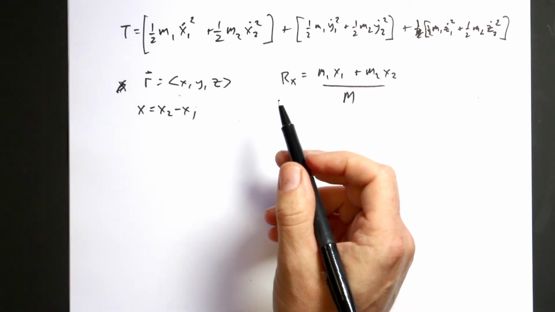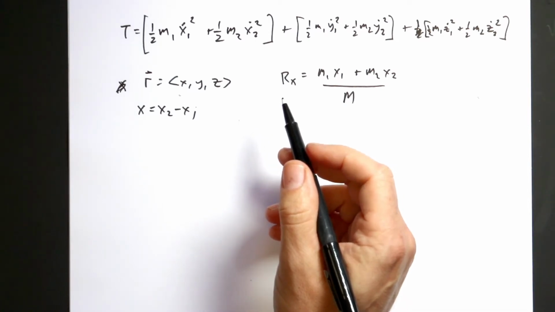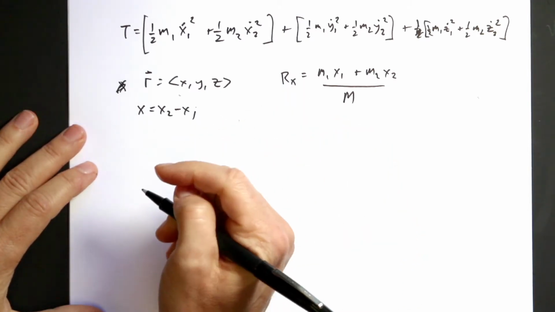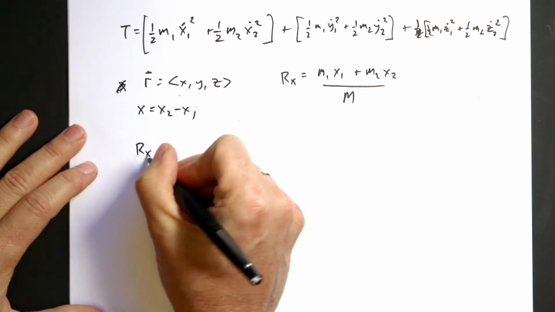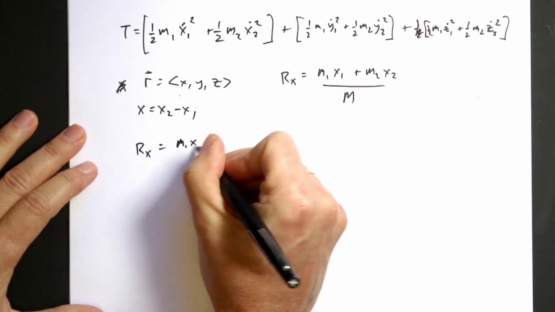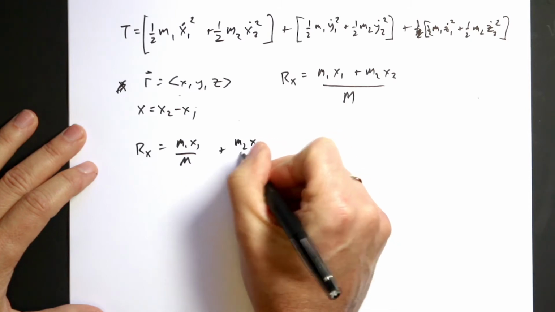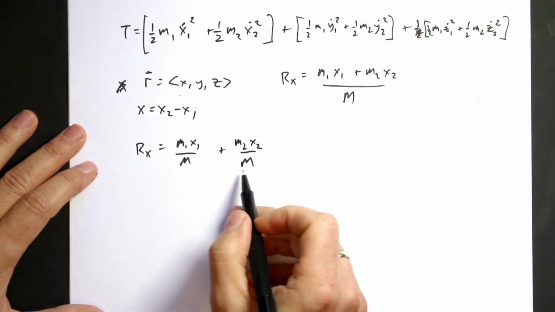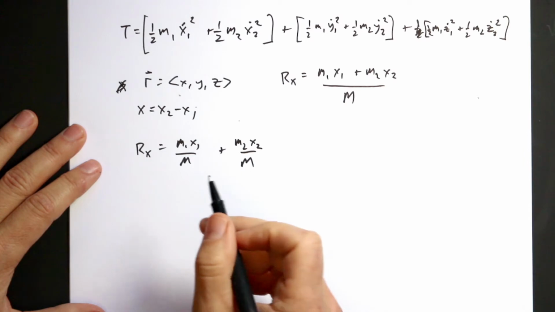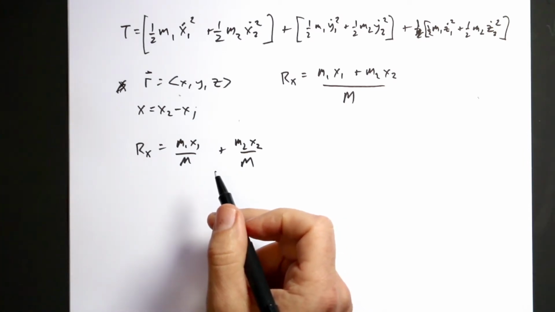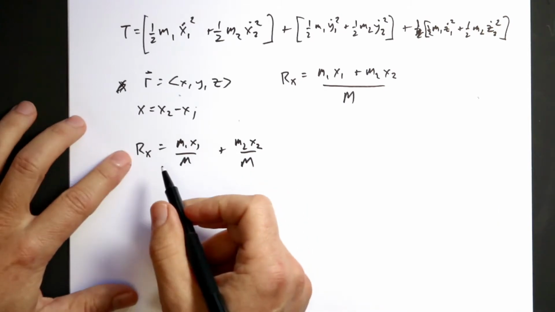Okay. So now let me rewrite this equation. This is the part where I make a mistake sometimes. Rx equals m1 x1 over M plus m2 x2 over M. When I just write M without a subscript, that's a capital M. That's the total mass. Okay, where did I go from here?